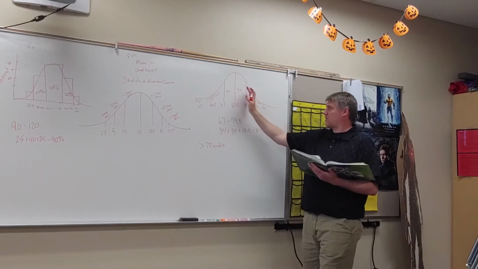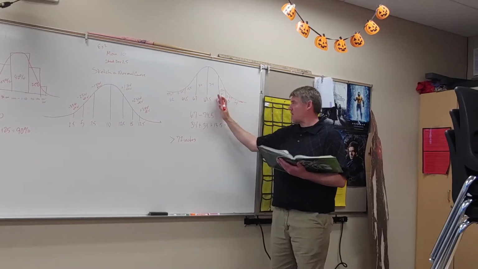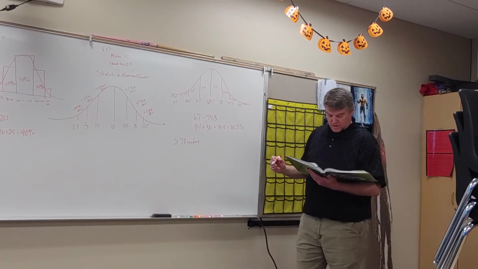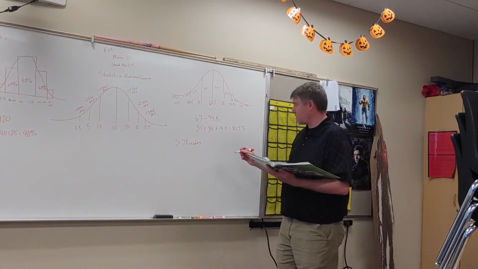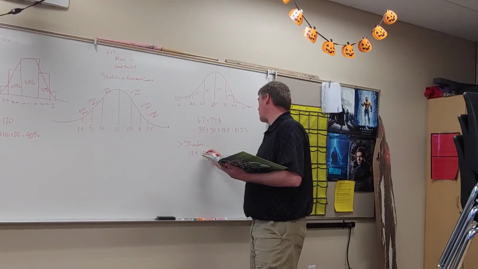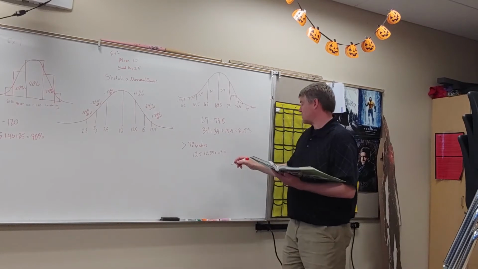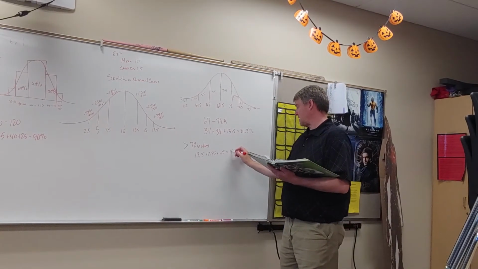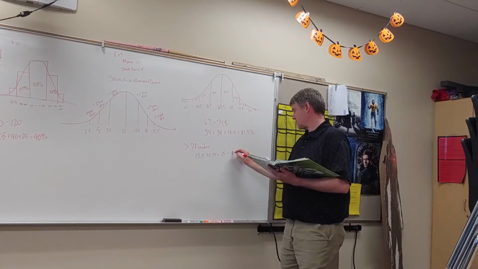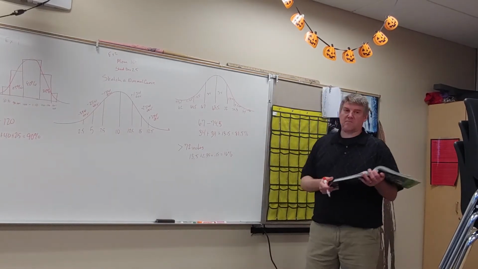So we're going to add up all of those pieces: 13.5 plus 2.35 plus 0.15. That gives me about 16%. So 16% are going to be above that.